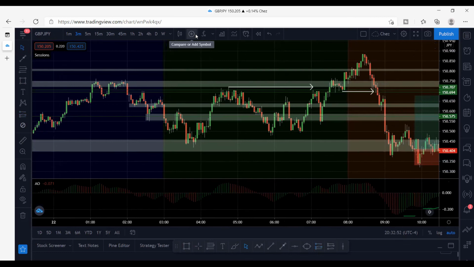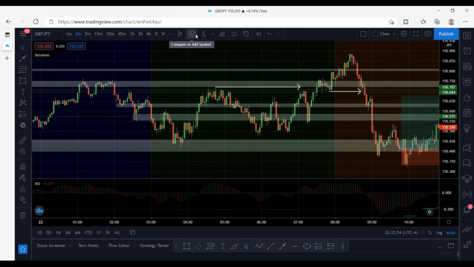We're at tap 10. Okay, I think I want to bring out our first. No, let's leave it. Once it clears this area right there, let's move it to break even.